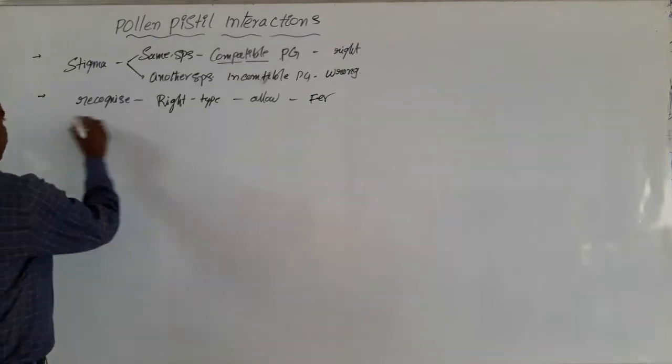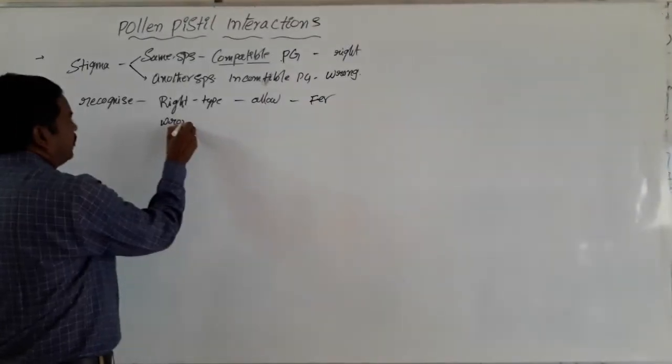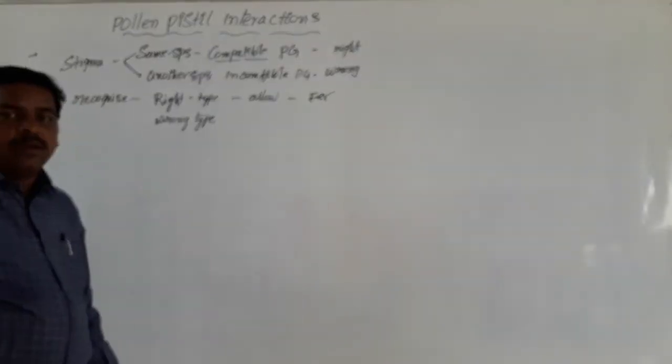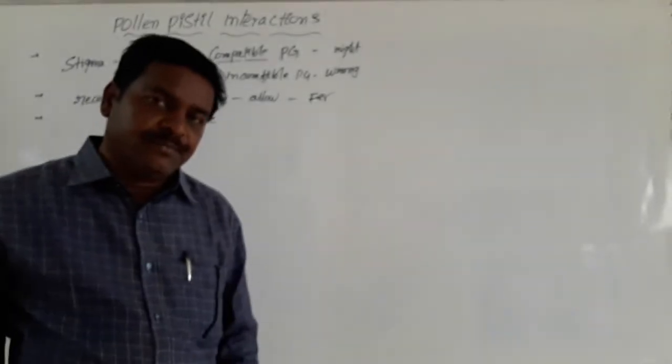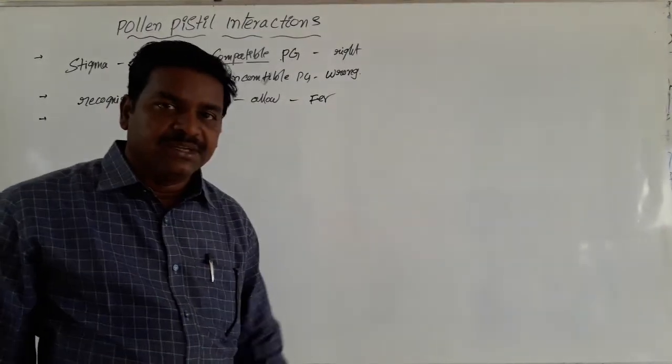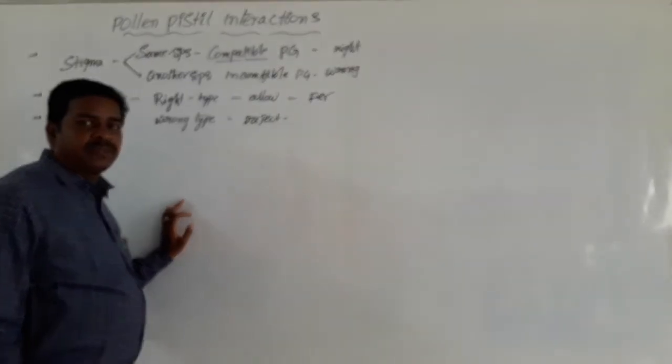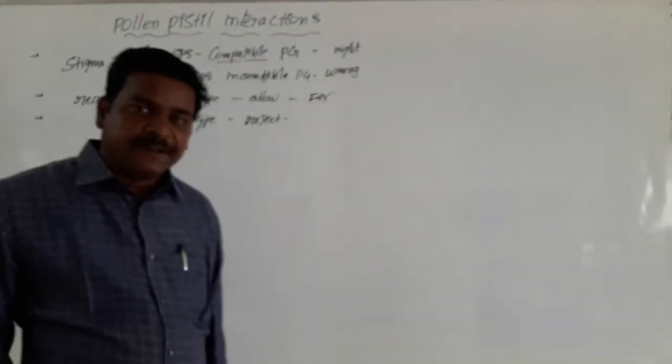But when the stigma receives the wrong type of pollen grain, sometimes the stigma may receive the pollen grains of another species, an incompatible species, meaning the wrong species. Now the stigma rejects the pollen grain.